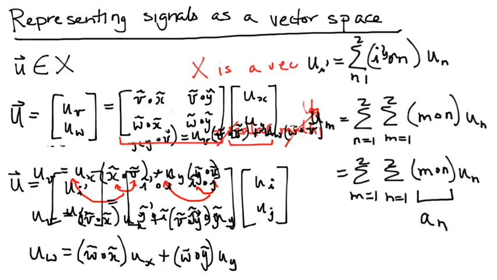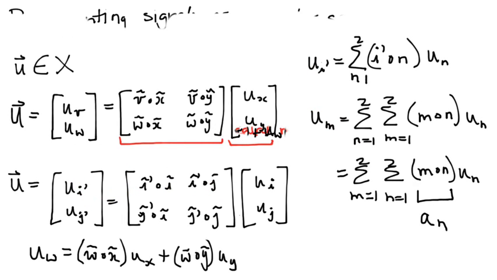Then we can say that u_m is equal to the summation over n equals 1 of a_mn times u_n.